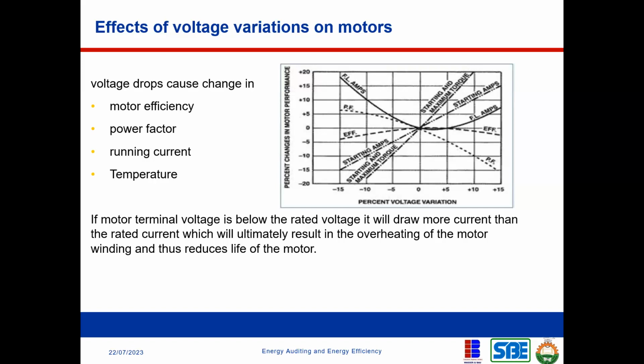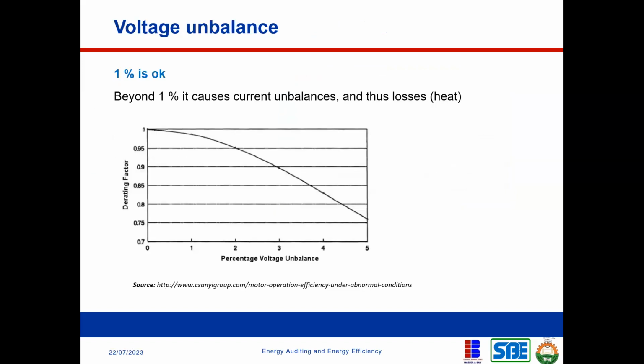So when your voltage unbalance is 1%, it is okay, but if it goes beyond 1%, it causes unbalances and thus loses heat. In our last session, I talked about this voltage unbalance and explained how to calculate percentage voltage unbalance.